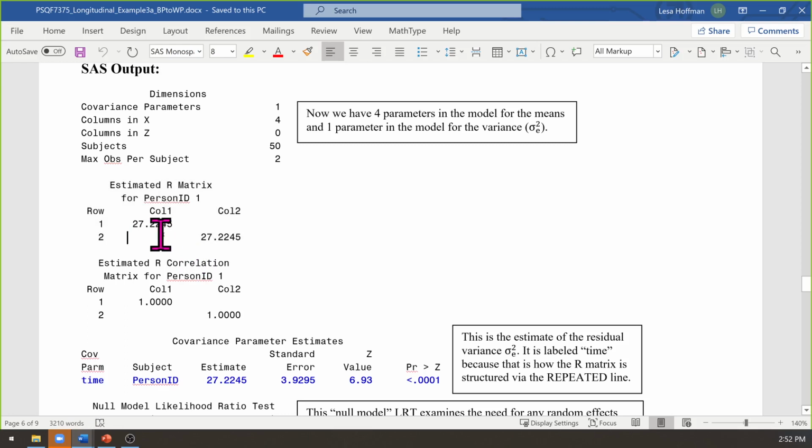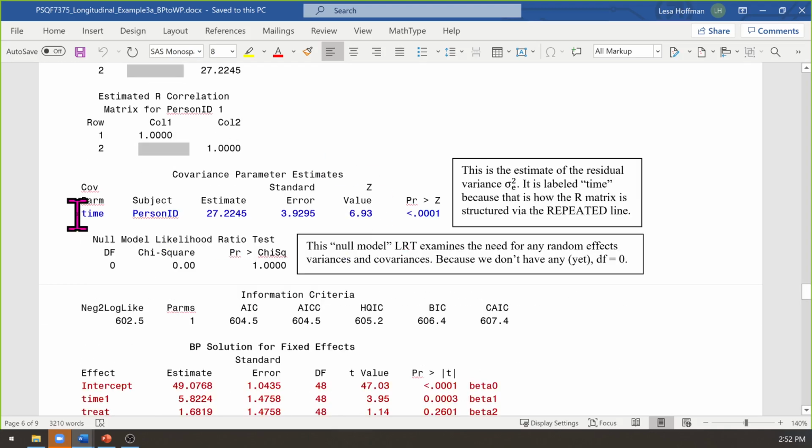But because this is an E-only version of the model, one pile of variance, it says that pretest and posttest are uncorrelated. So independent observations, this is just a regular old linear regression. That's what this is, in mixed, but that's what this is. So here's my residual variance that's left, my 27.